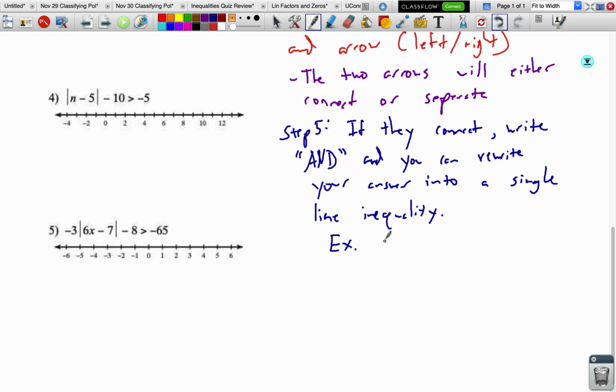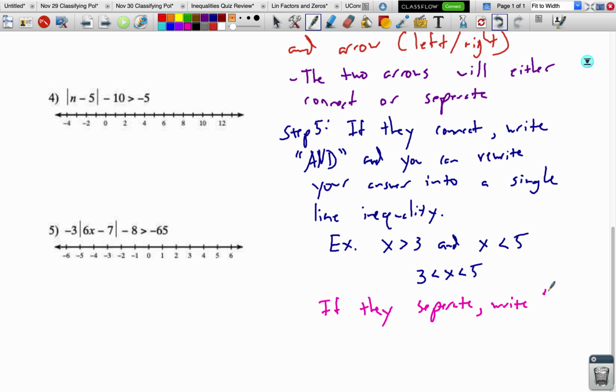Example, if x is greater than 3 and x is less than 5, this here becomes 3 is less than x is less than 5. If they separate, write or. Okay, so there's our 5 steps to solving.